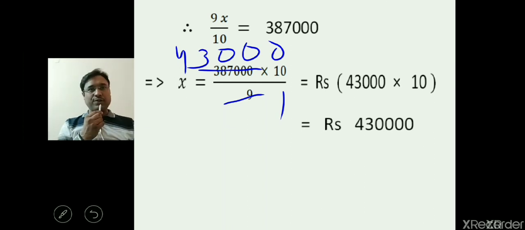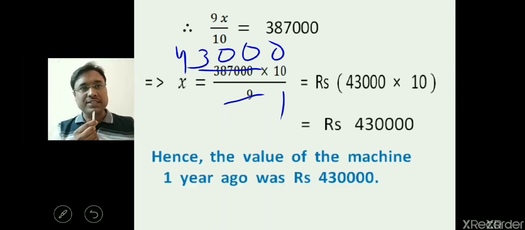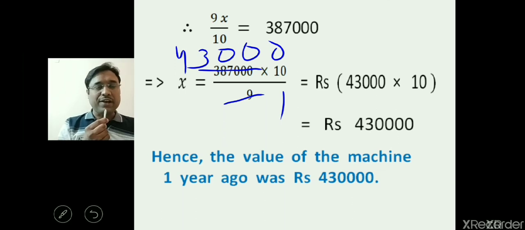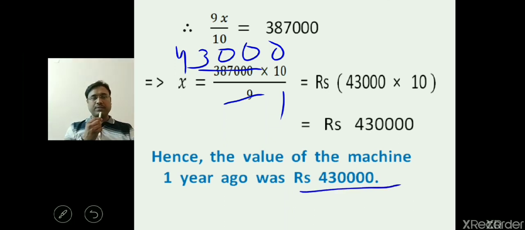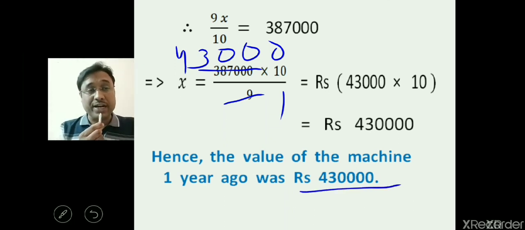So this is the value of X. And X was the value of the machine 1 year ago. Hence the value of the machine 1 year ago is 4,30,000. This was the price of the machine 1 year ago.